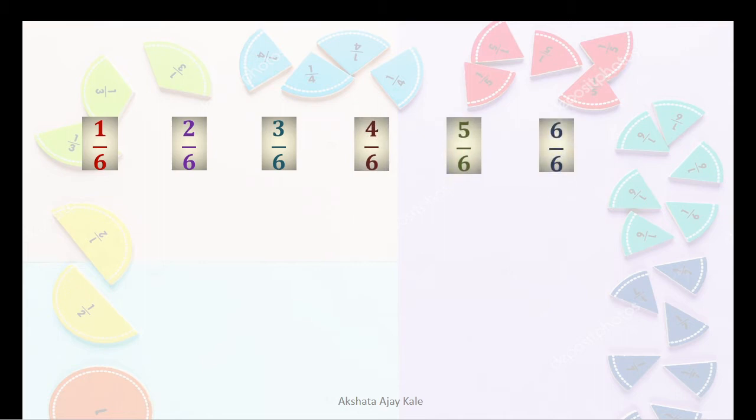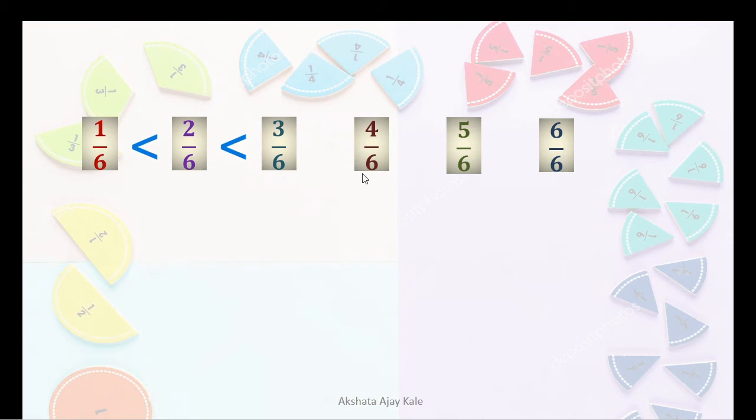Okay, come on, tell me now. Yes, here 2 upon 6 is greater than 1 upon 6 because in the first only one part is colored, and in 2 upon 6 two parts are colored, and 3 upon 6 is bigger than this one because 3 parts are colored, isn't it?